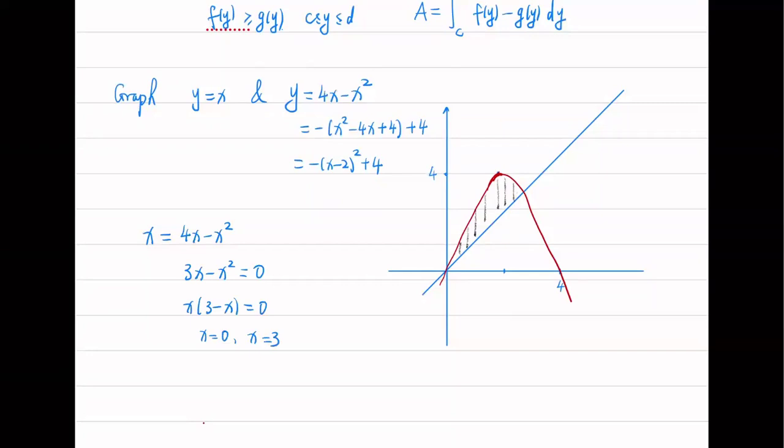Okay, now we have the points. This one is 0. This one is 3.